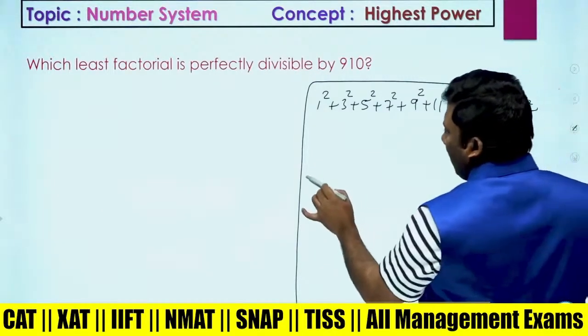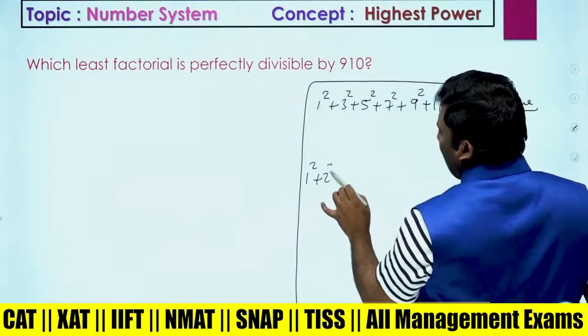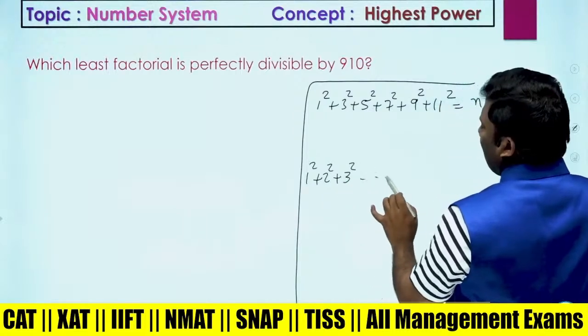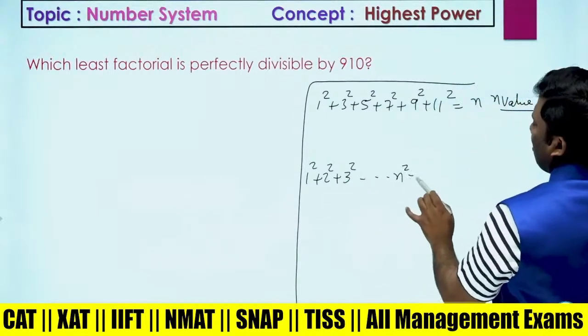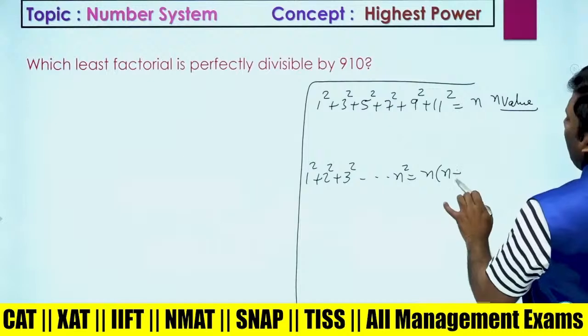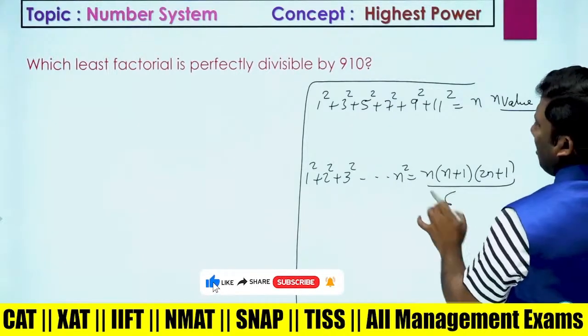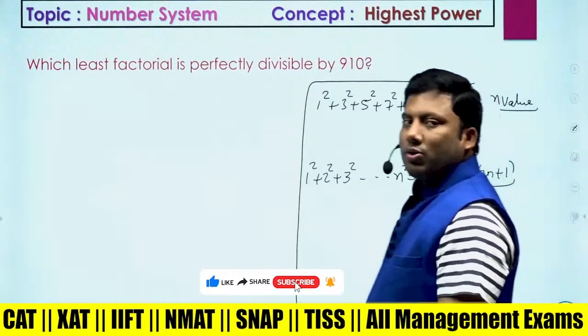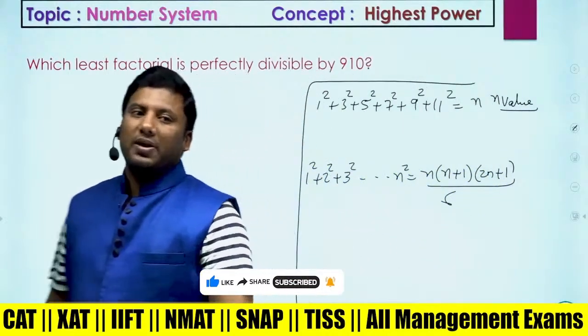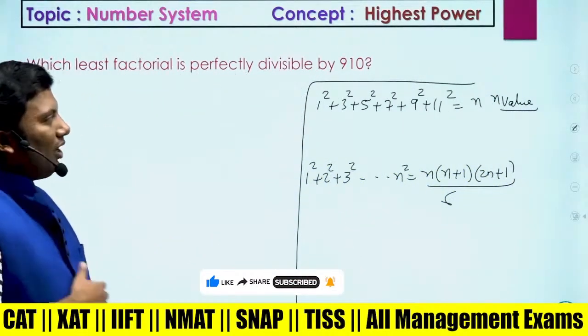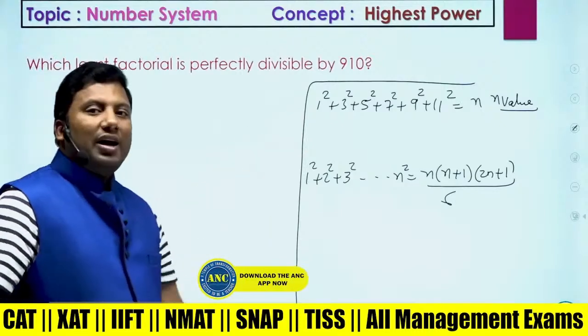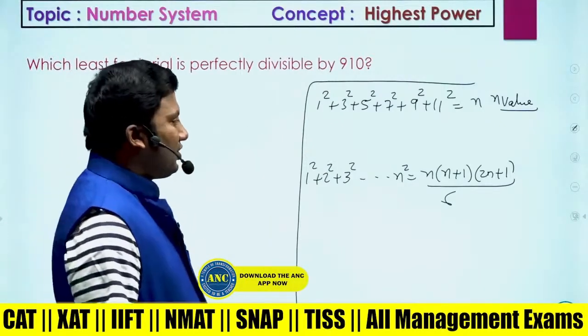Because in my tuition classes or online classes, only these formulas are given: till n square it is n into n plus 1 into 2n plus 1 divided by 6. But this is of the form 1 square plus 3 square plus 5 square plus 7 square and so on up to 11 square. This formula I have not seen in any textbook.